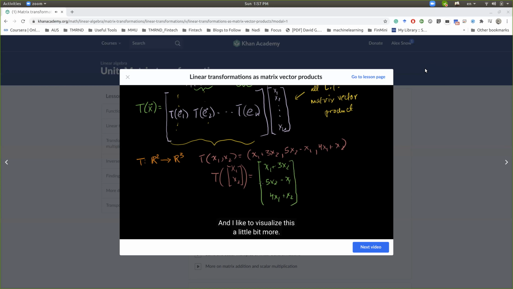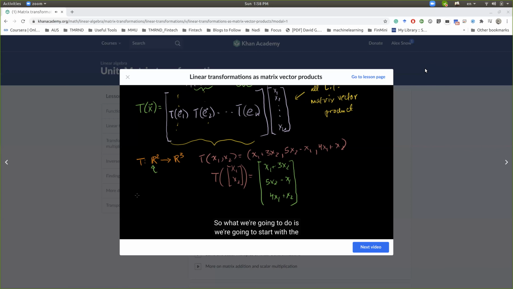Now, I just told you that I can represent this transformation as a matrix-vector product. How do I do it? My domain here is R2, and I produce a vector in R3. So I'm concerned with multiplying things times vectors in R2.